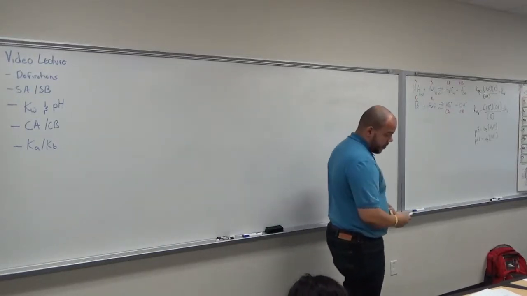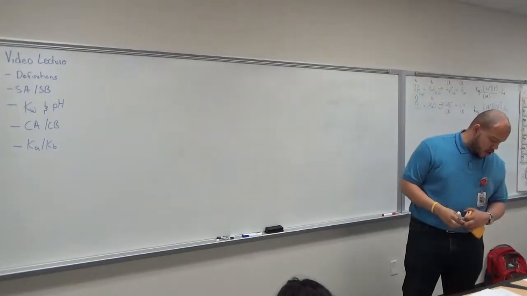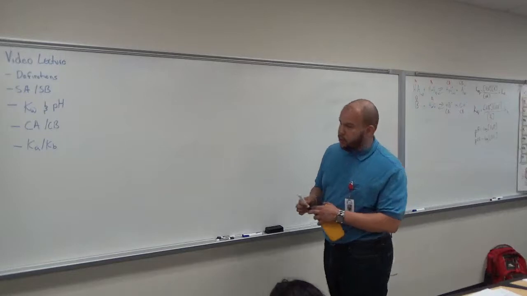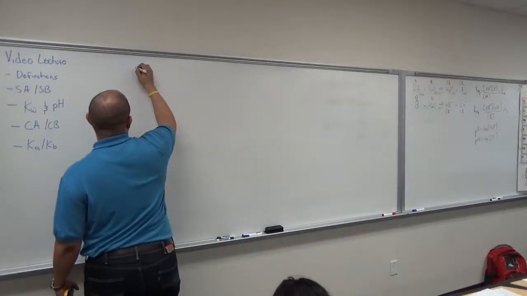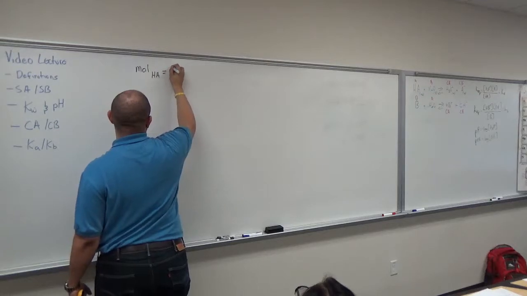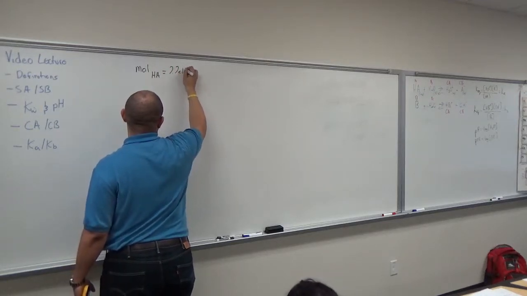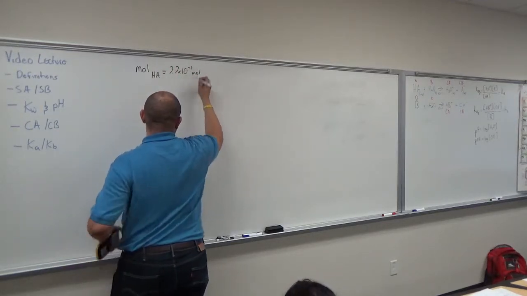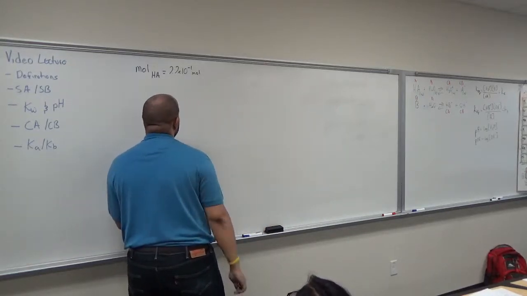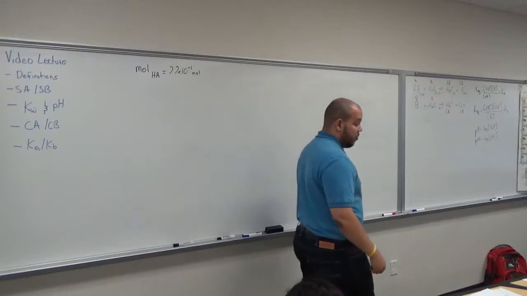Number 5 says that we have a value of moles of an unknown monoprotic acid dissolved in 3.3 liters. So we know that moles of HA is equal to 7.7 times 10 to the negative 1 moles. So we've been given an amount, we just don't know what we're dealing with, right? We don't know what the acid is.